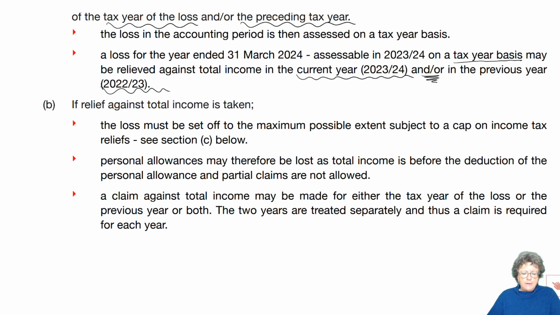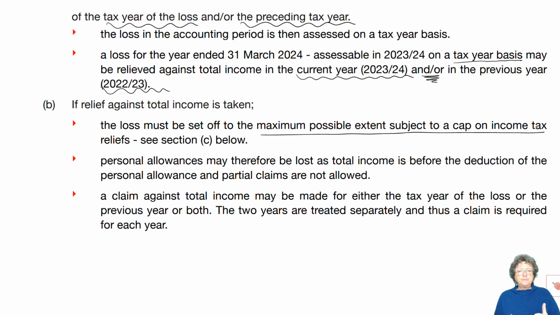So if relief against total income is taken, then the loss must be set off to the maximum possible extent, subject to the cap, which we'll have a look at later. Which means you must put all the loss in the current year and all the previous year. So you're getting full relief.